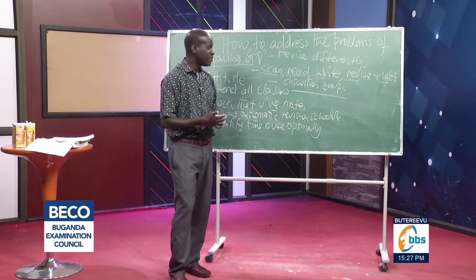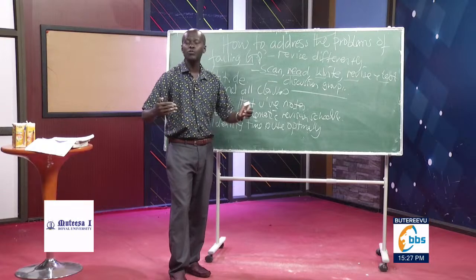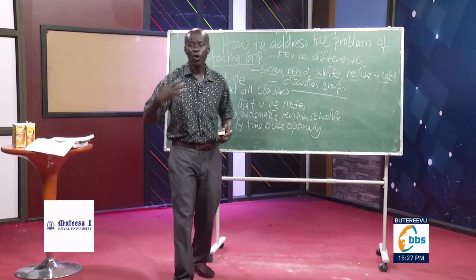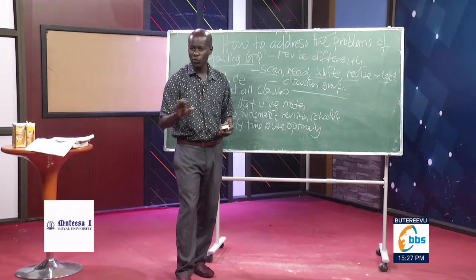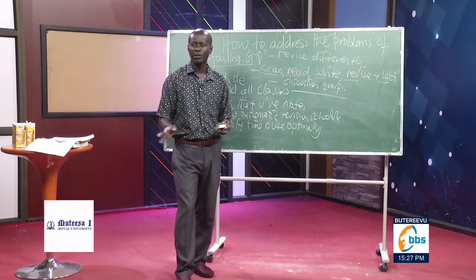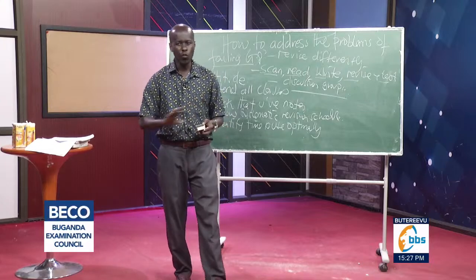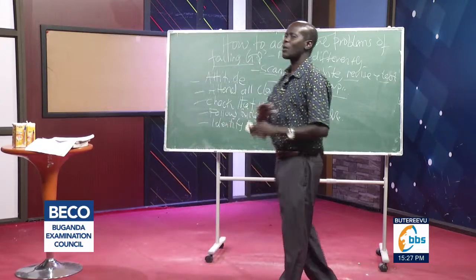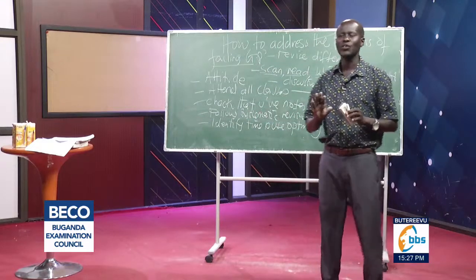So basically, make use of groups, and do not make groups with people whom you share a double-decker bed with, or you share a dormitory with. There you're not going to discuss. You're going to start talking about your family, food, water, life in the dormitory, and other things in the school which do not concern you at all.